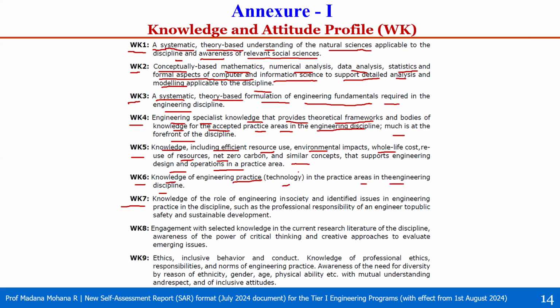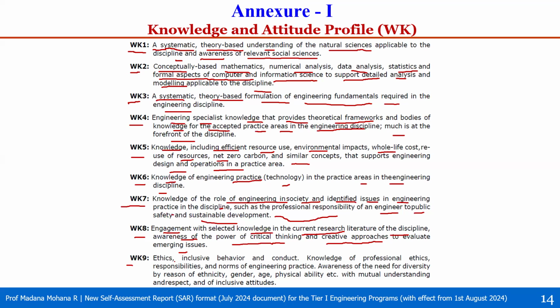Then WK7, knowledge of the role of engineering in society and identified issues in engineering practice in the discipline, such as the professional responsibility of an engineer to public safety and sustainable development. Then WK8, engagement with selected knowledge in the current research literature of the discipline, awareness of the power of critical thinking and creative approaches to evaluate emerging issues.